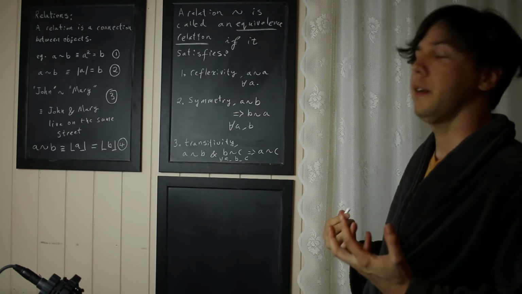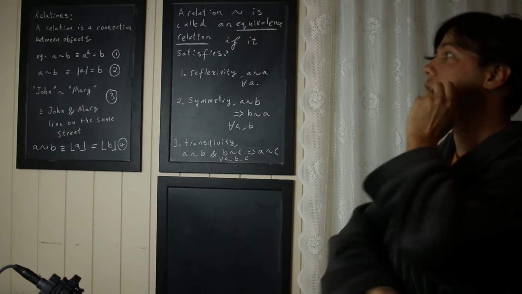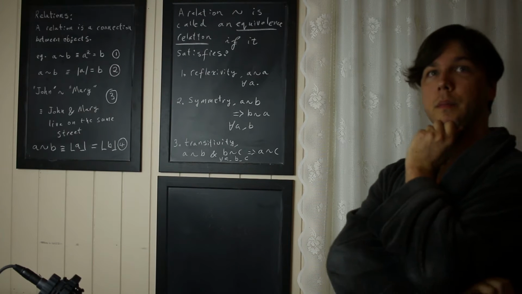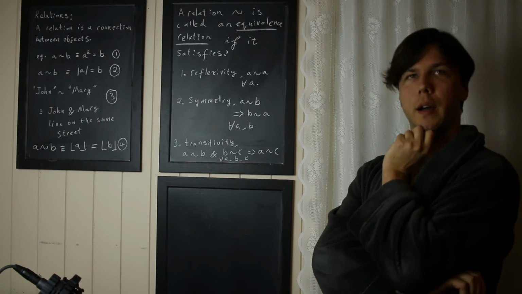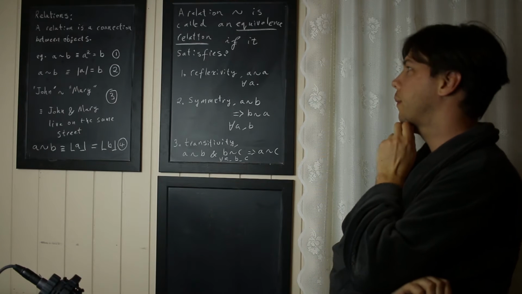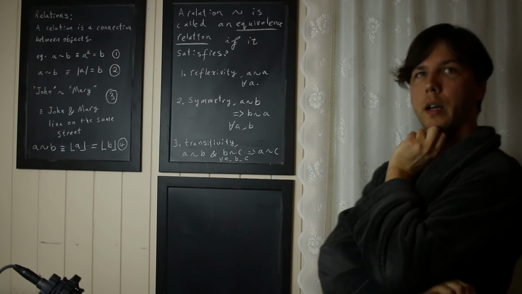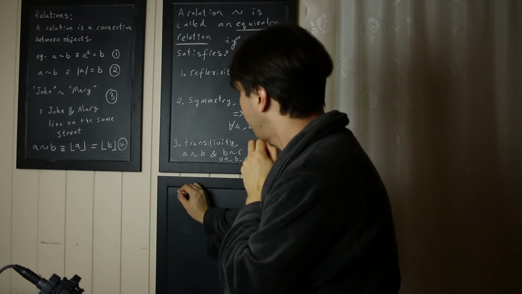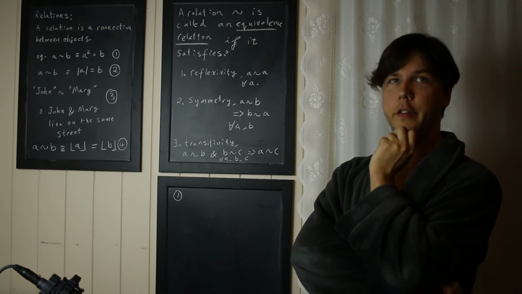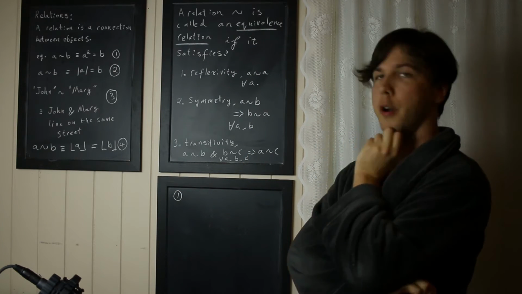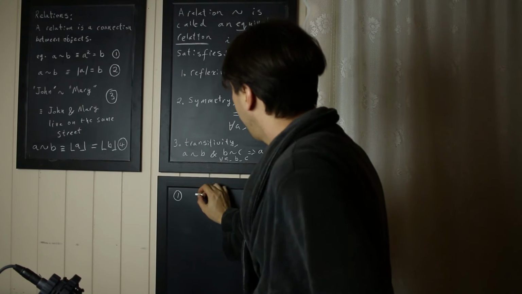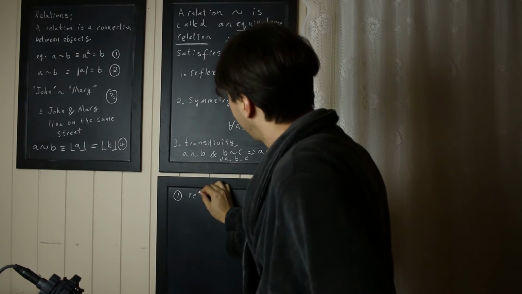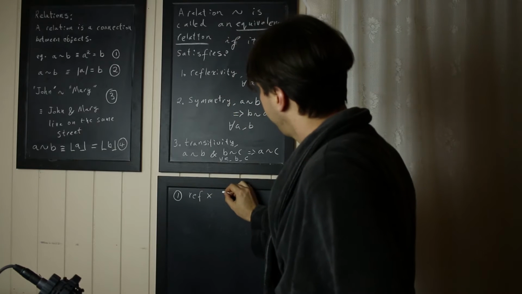Okay, great. So let's look at the four examples that I put here, and we'll say, are they equivalence relations? Well, let's look at relation 1. Is it reflexive? No. Okay, so not reflexive.